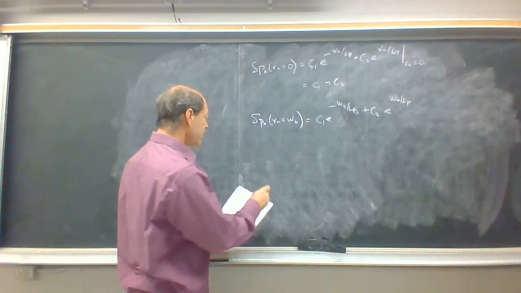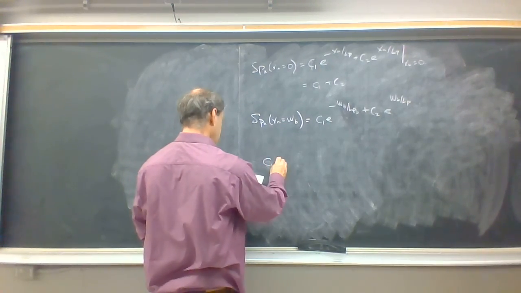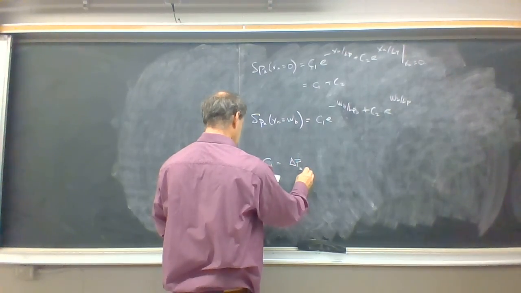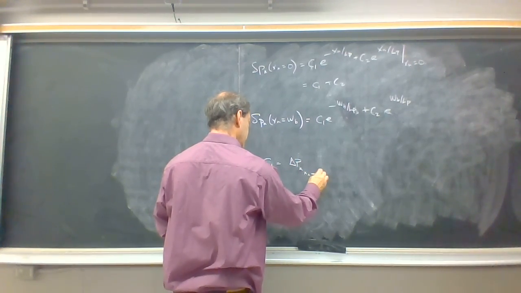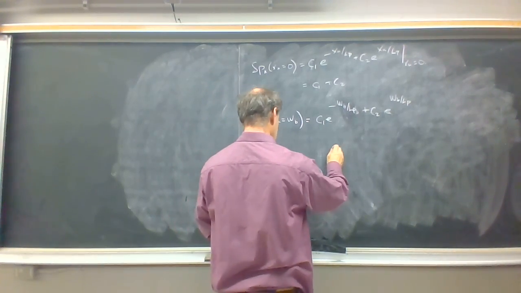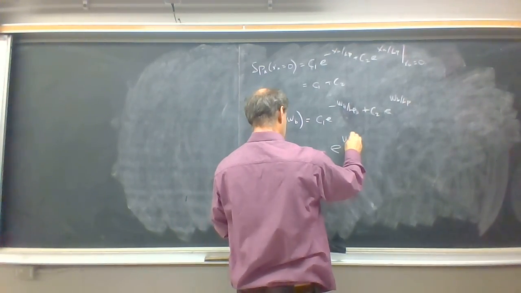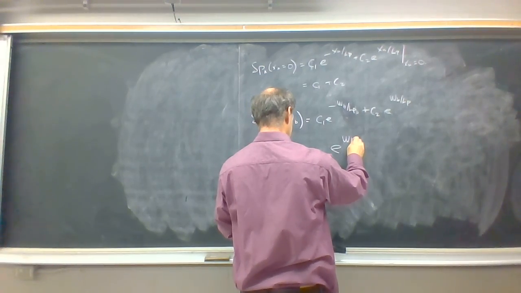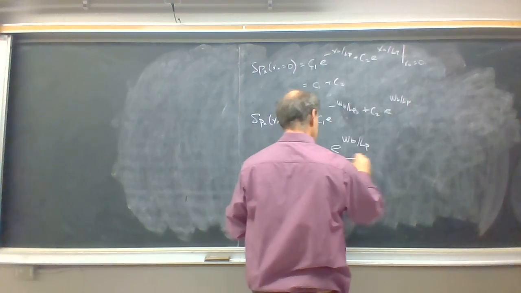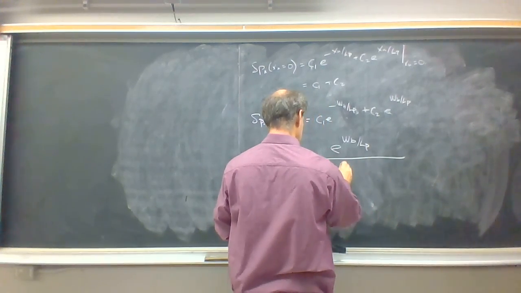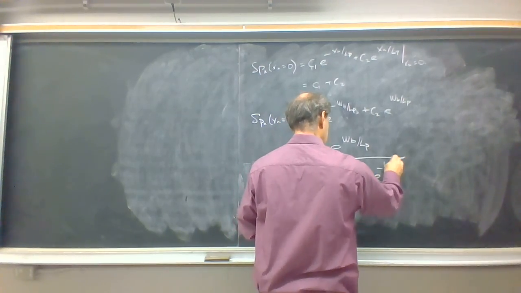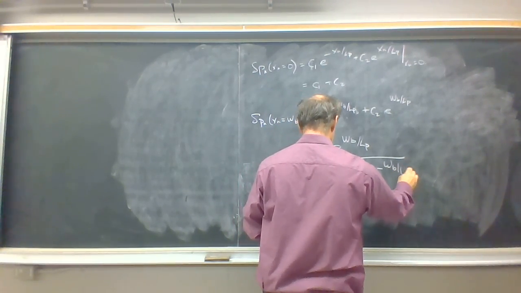So if you solve for the two variables, C1 becomes delta P sub n at x sub n equals 0 times e to the WB over LP divided by e to the WB over LP minus e to the minus WB over LP.